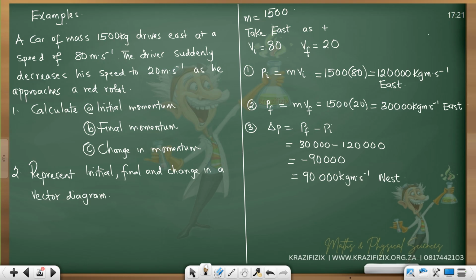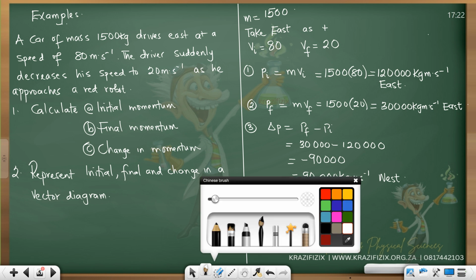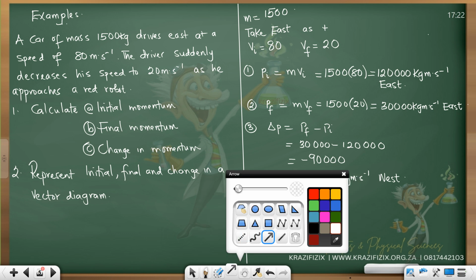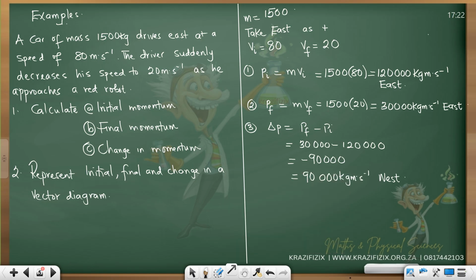Just normal basic physics. You're not doing anything hectic, just normal physics. Normal so far. Now, if I have to represent all of this with vector diagrams, let's see. The initial is very long, 120,000. It's the longest, starting point, and it goes that way.